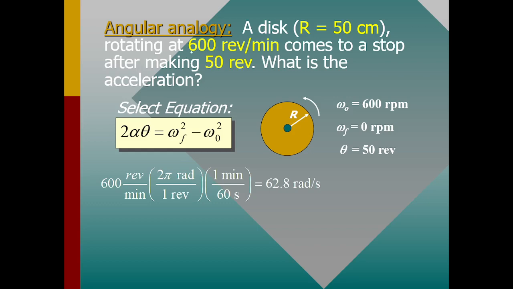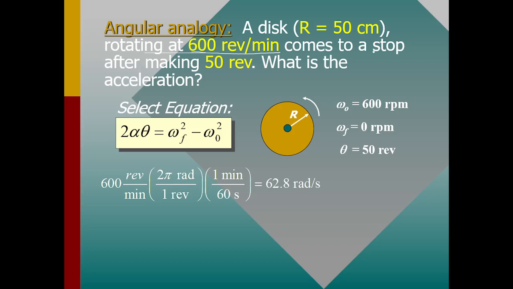You change this 600 revolutions per minute to rad. When you change it using the formulas I gave you, you are going to find that the velocity will be 62.80 rad per second. This is the initial.